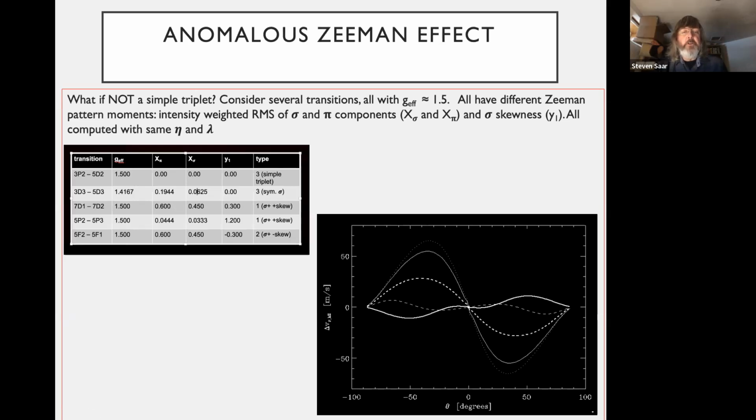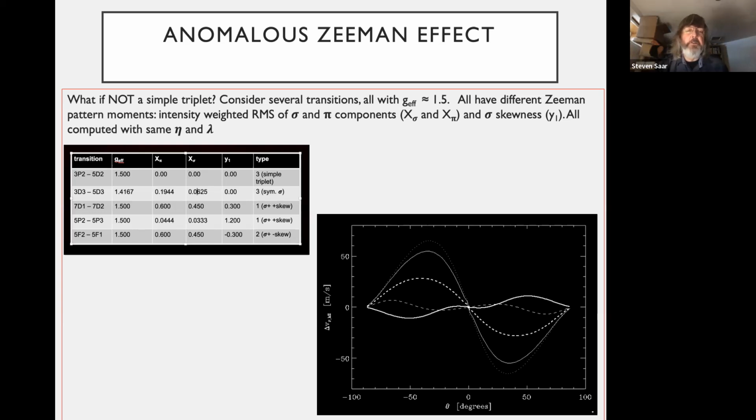And then I've also computed the standard deviation of the pi component distribution and the standard deviation of the sigma component distribution. That's the x pi and the x sigma. And then the y1 parameter, which is the skewness of the sigma distribution.